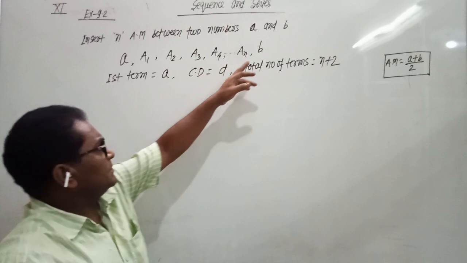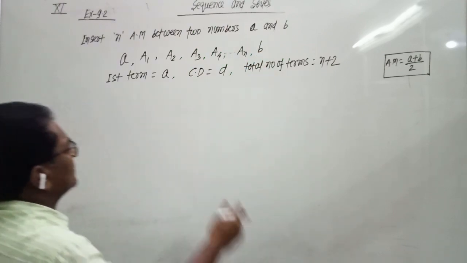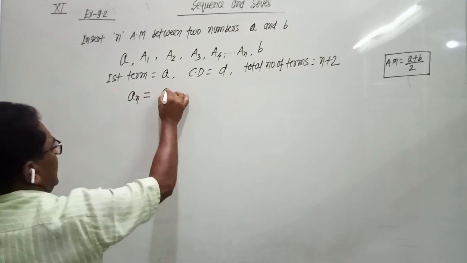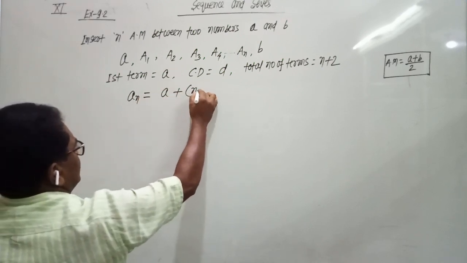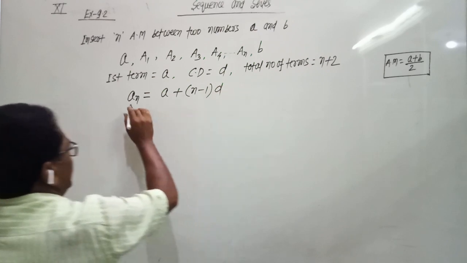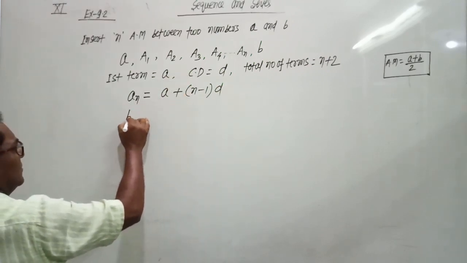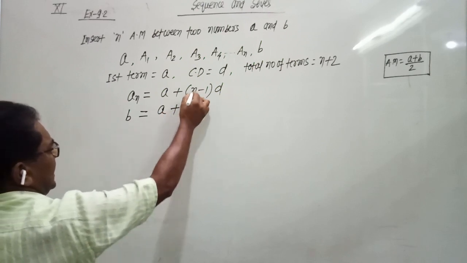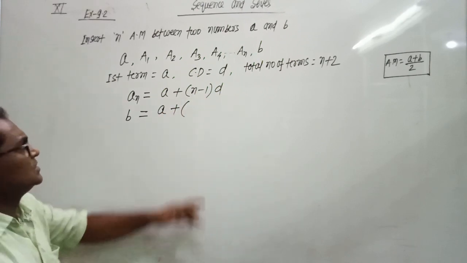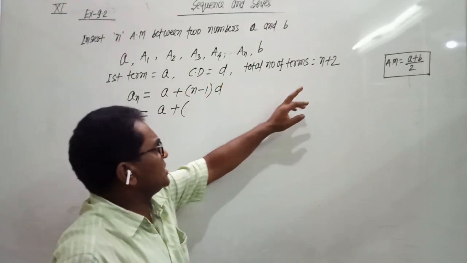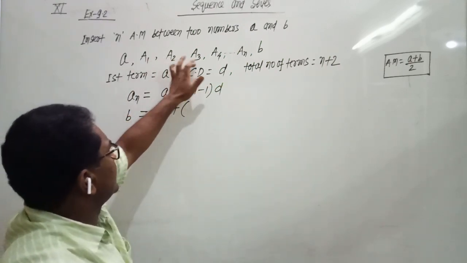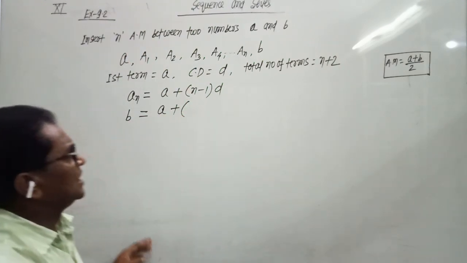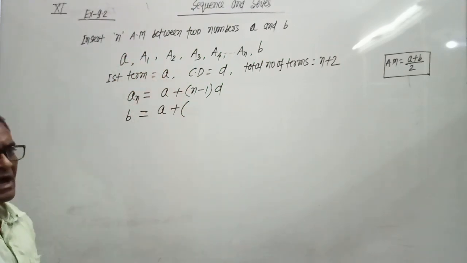And the last term is B. We use the formula An equals A plus (n minus 1) into D. An is the last term, which is B, the first term is A, and n is the total number of terms, which is n plus 2, since there are n terms between A and B, and A and B are two terms.